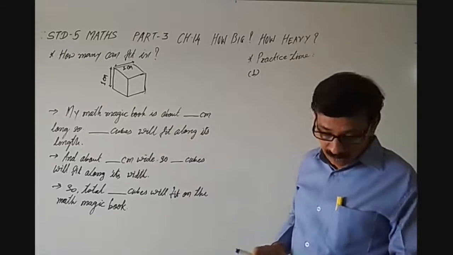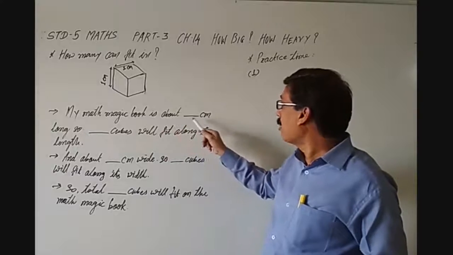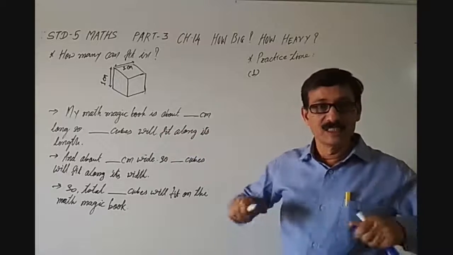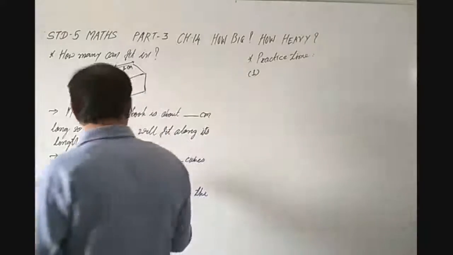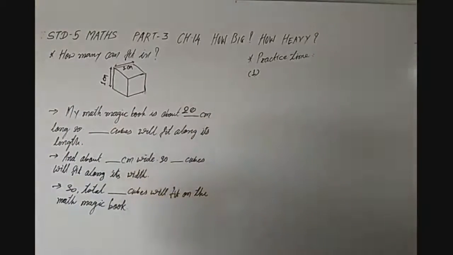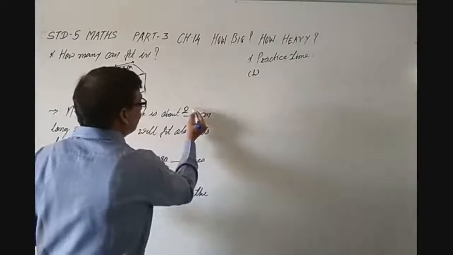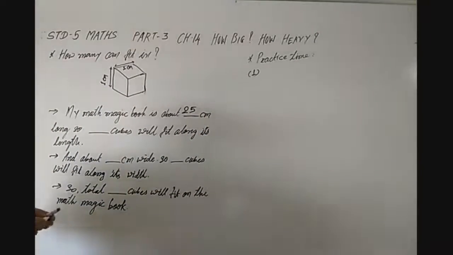So for that, my mathematics book is about blank centimeter long. See what I am guessing. Suppose my mathematics book is about, say, 20 centimeter long. Sorry, let it be 25 centimeter long.